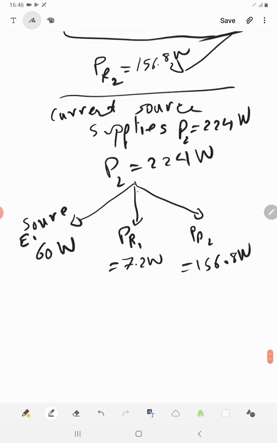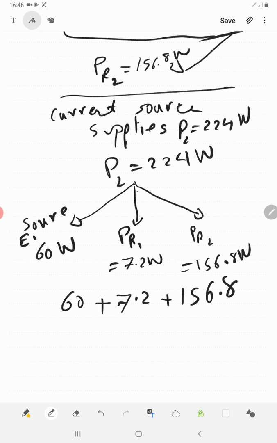Now if you sum 60 plus 7.2 plus 156.8, they should give you 224, the power supplied by P2. Let's do it and see.